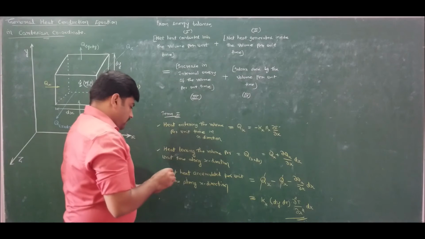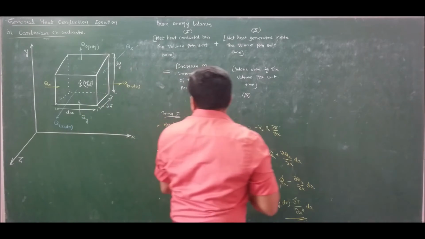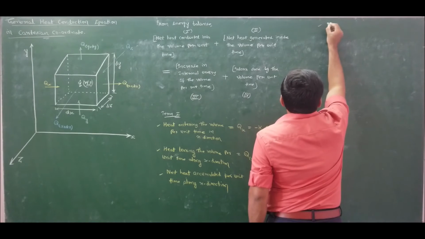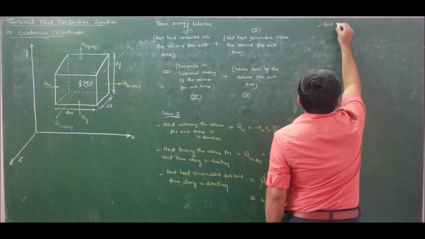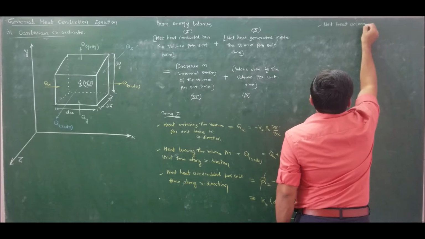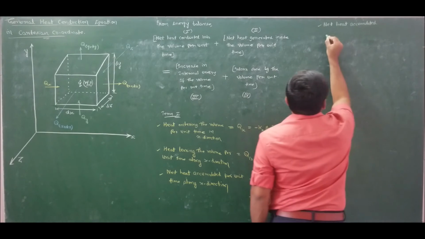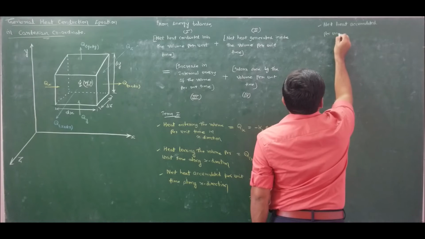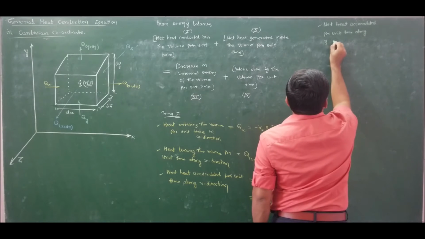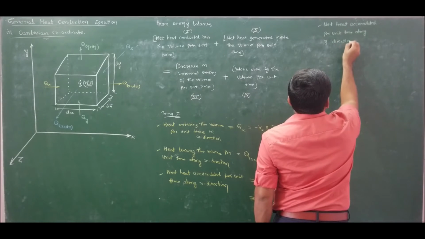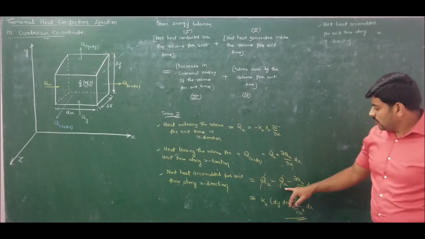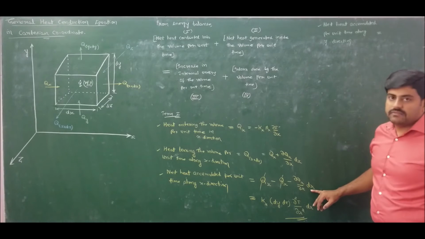Similarly, if I write for the y direction, the net heat accumulated per unit time along the y direction will be equal to qy minus dou qy by dou y dy.